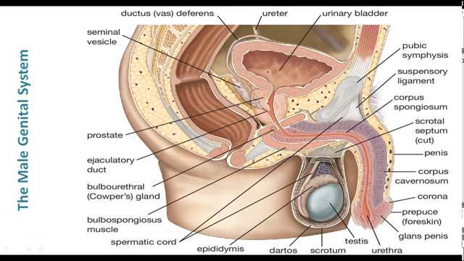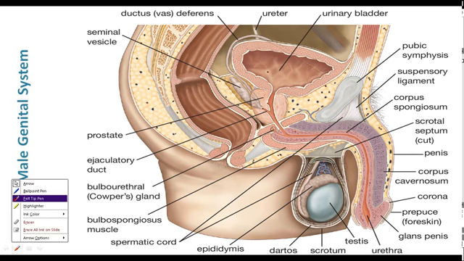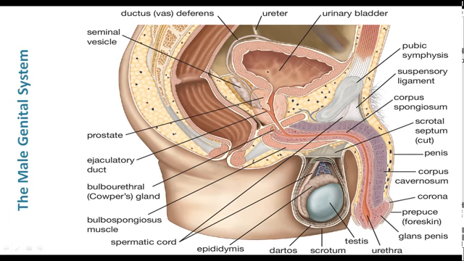Now see the structure of the male genital system. You see it is a testis. Here the right testis has been shown. On the surface of the testis, epididymis is present, and from the posterior part of the epididymis, the vas deferens comes out and enters into the abdomen.